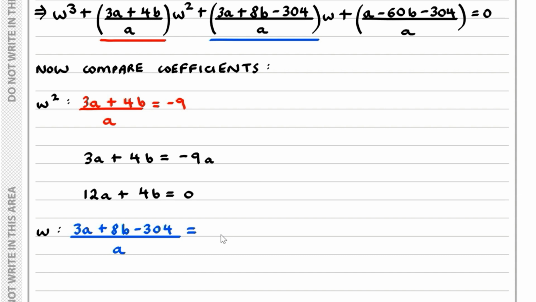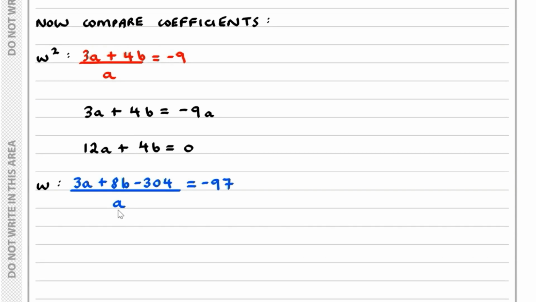This is equal to minus 97. So if I multiply through by a, we have 3a plus 8b minus 304 equals minus 97a, from which we can conclude 100a plus 8b equals 304.